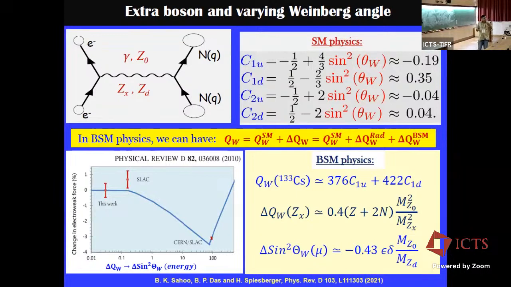That means you can think that another kind of Z boson exists and is contributing to this quantity, or some kind of radiative corrections. Even these days there is also discussion that there are interactions between electron and nucleus by exchange of something called a heavy photon, also known as a dark photon. Those kinds of particles one can also predict. So these proposals come from particle physics models, but we can test them by studying these kinds of quantities.